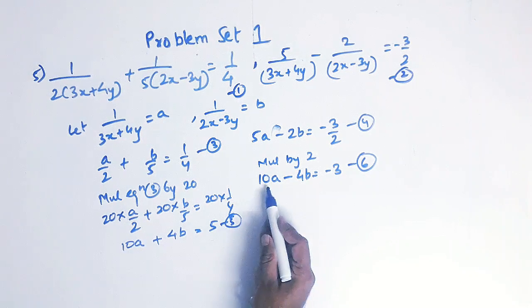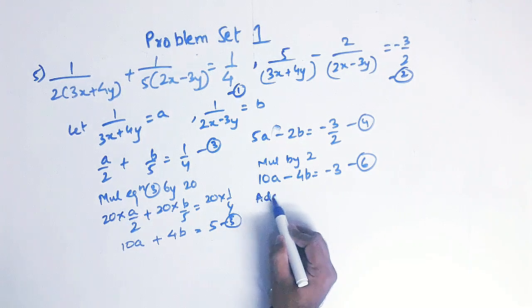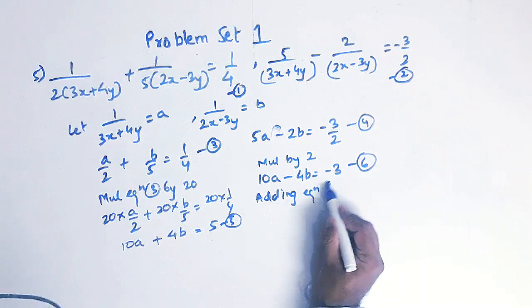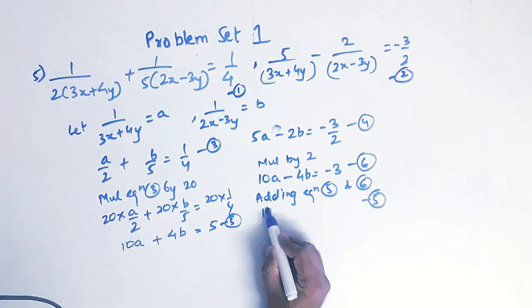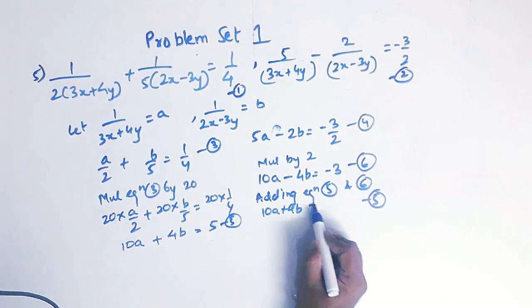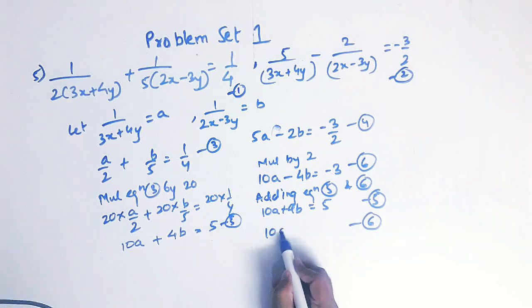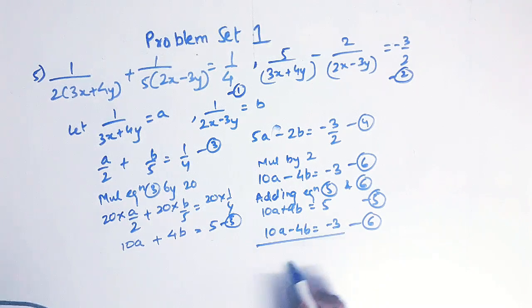So you got 10a here and here also. 10a you can cancel by subtracting, or you can see plus 4b and minus 4b, simply by adding I can cancel b. Adding equations 5 and 6: 10a plus 4b equals 5, and 10a minus 4b equals minus 3.